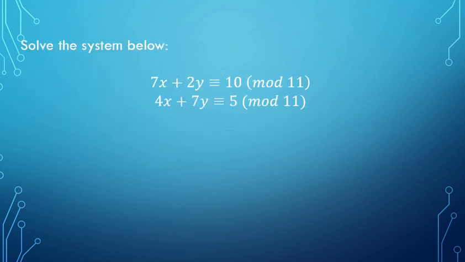So this one here, I want you to try this guy on your own, see if you can find the unique solution to it. Yes, 7 times 7 is 49, 4 times 2 is 8, 49 minus 8 is 41, 41 and 11 are relatively prime to each other, so we do have a unique solution.